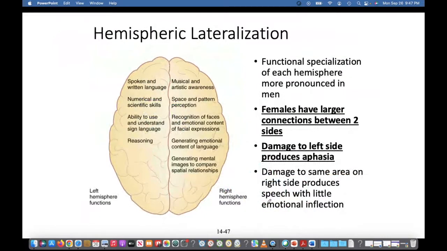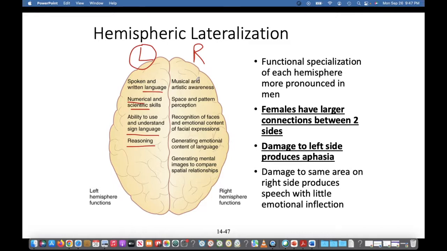Now, in terms of left and right hemisphere, this is left, this is right. You've heard some people say I'm more left-brained or I'm more right-brained. So when you have left brain dominance, that's more linear. That's language, numbers, science, rationale and reasoning, sign language. So the left is more linear, numbers, math, science, reasoning is left-brained.